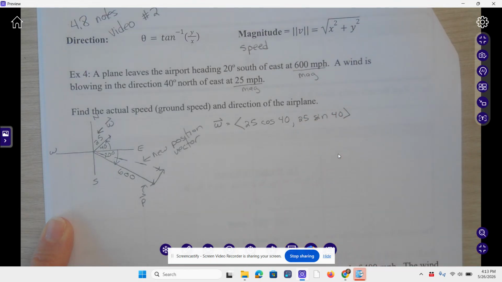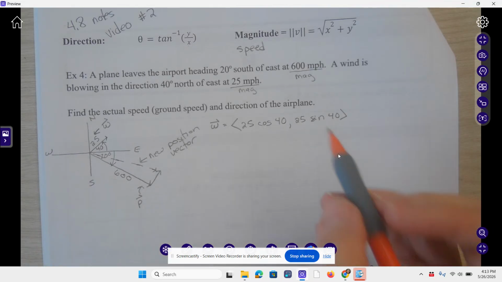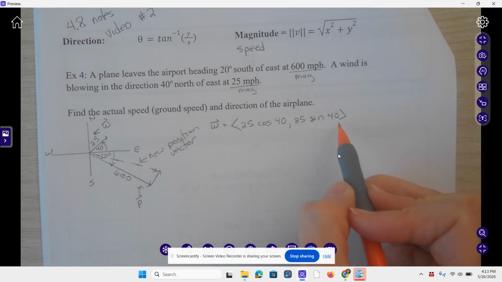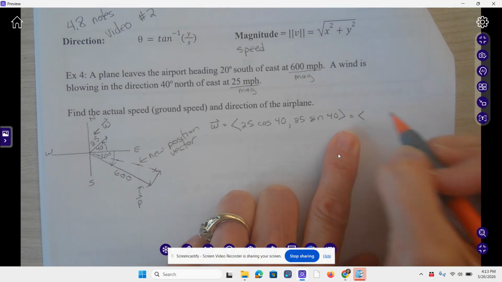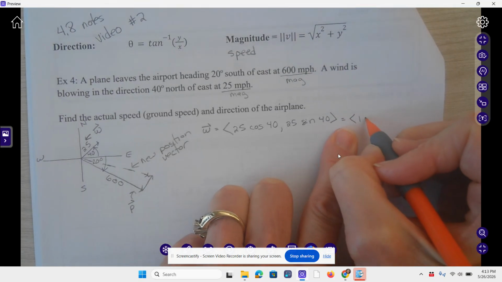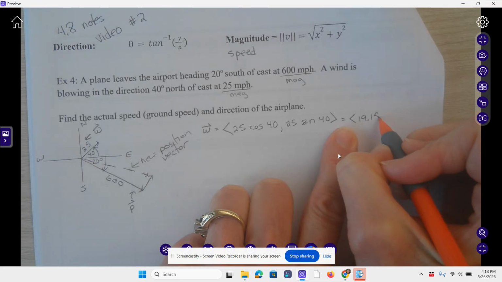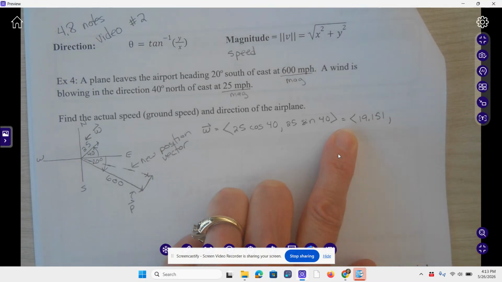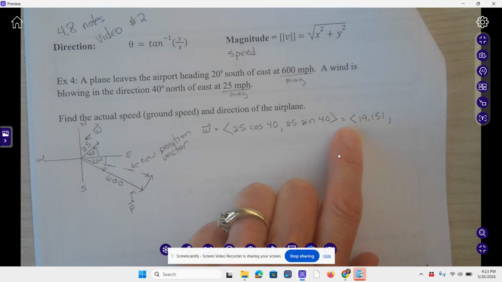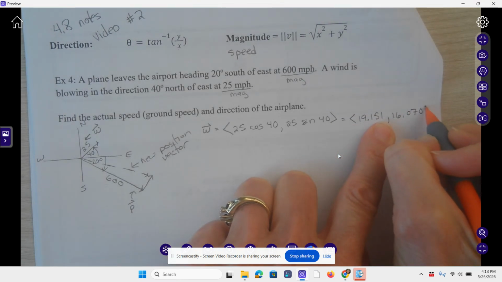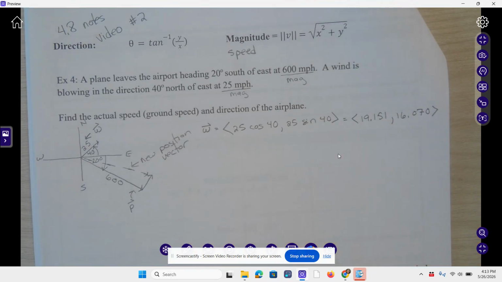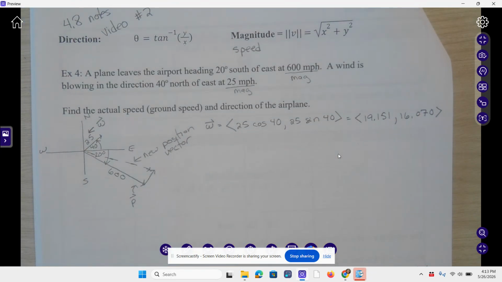Now, if you're putting this in your calculator, which you probably will because we're going to get some decimals, make sure you are in degree mode, not radian. So if you put all that in your calculator, you're going to get 19.151 for your x component of the wind vector and 16.070 for the y component of the wind vector.